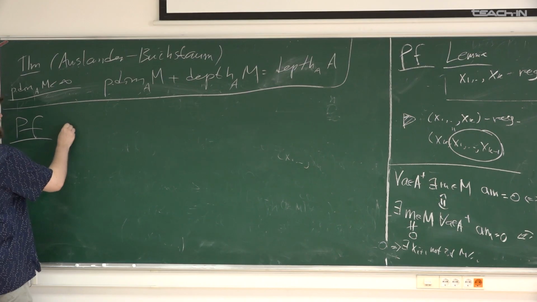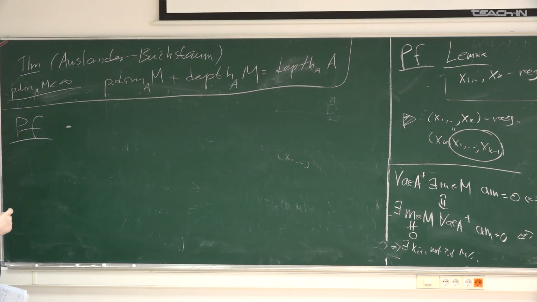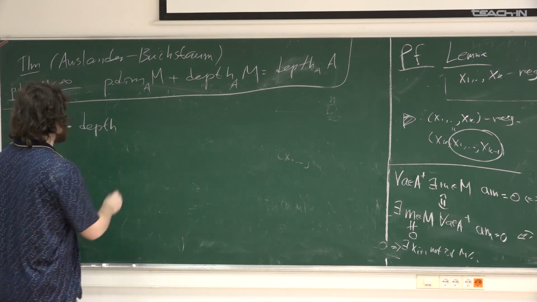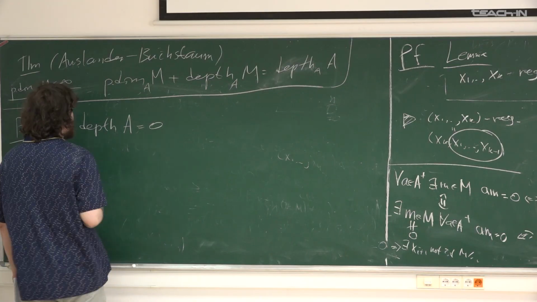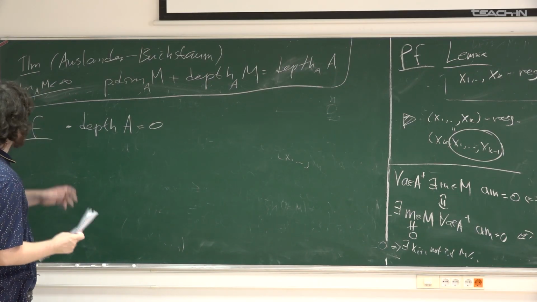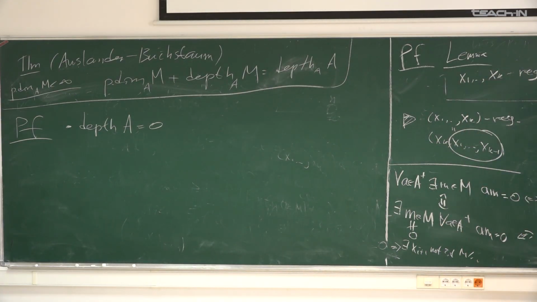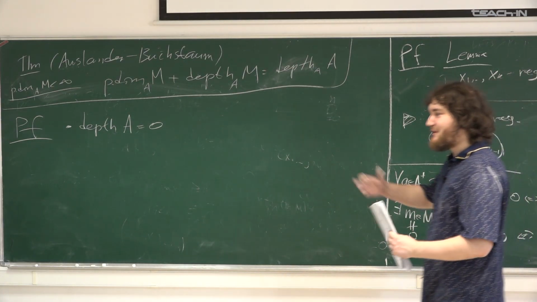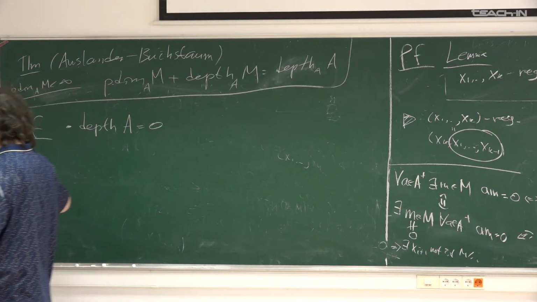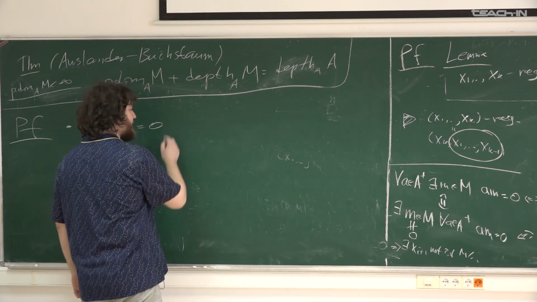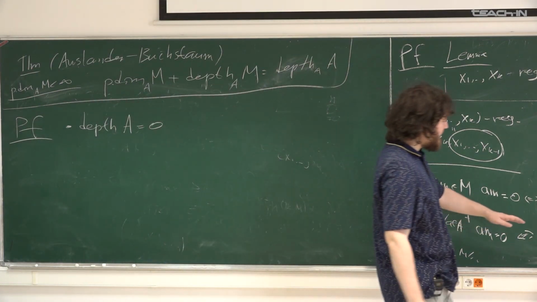Okay. First case, when the depth of A itself is 0. What does it mean? Depth is the minimal i where Ext is non-zero. This means that Hom from k to A is non-zero.